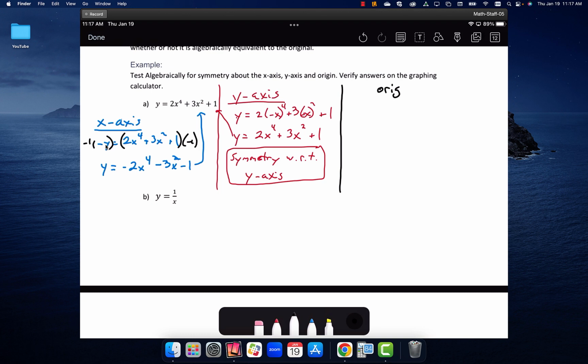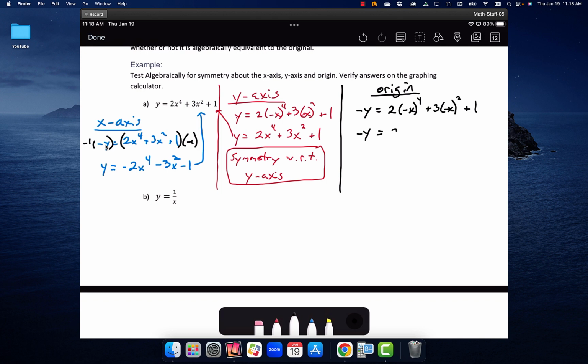Let's test for symmetry about the origin. In order to test for symmetry about the origin, we replace both x with negative x and y with negative y. So negative y is equal to 2 times negative x to the fourth plus 3 times negative x squared plus 1. And now we need to go through and simplify this.